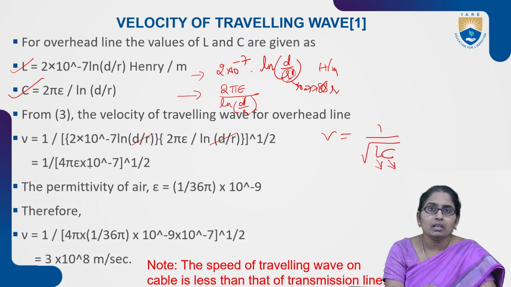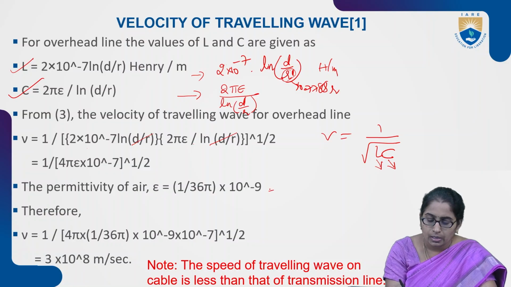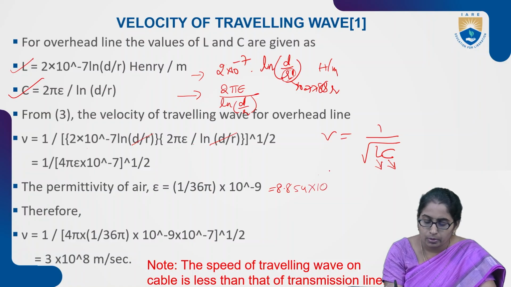We have only the remaining constant value, 1 by root of 4 pi epsilon into 10 power minus 7. Now we know that epsilon is the permittivity, whose exact value is 8.854 into 10 power minus 12.